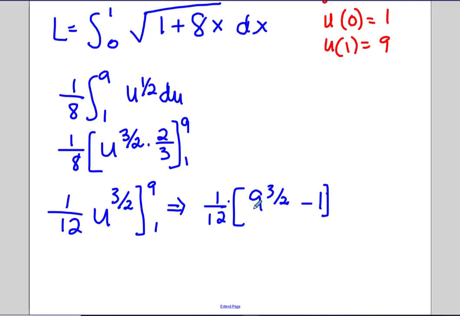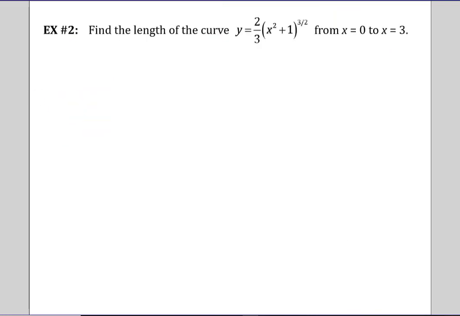So this is the square root of 9. That's 3. 3 cubed is 27. 27 minus 1 is 26/12. And you can stop at 26/12, or you can continue to simplify to 13/6. So not hard, just be careful.